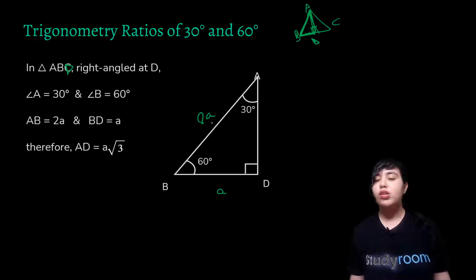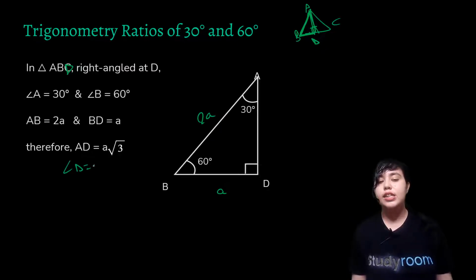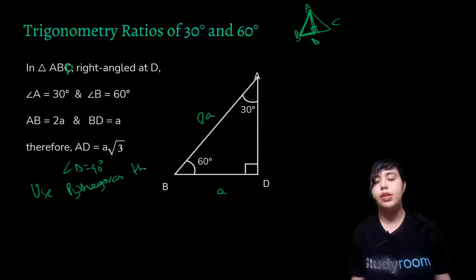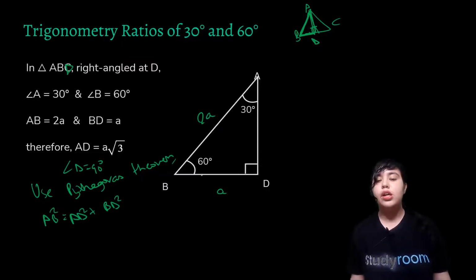So you can apply Pythagoras theorem over here because this triangle is having angle D as 90 degrees. So come on, make use of Pythagoras theorem and tell me what is your hypotenuse in this triangle ABD. The hypotenuse is opposite to 90 degrees, that is AB. So AB square is equal to AD square plus BD square. Do I know what is AB? I do, that is 2A.